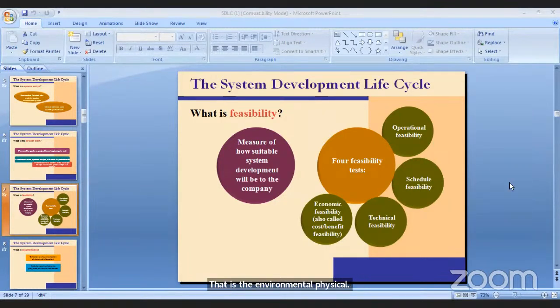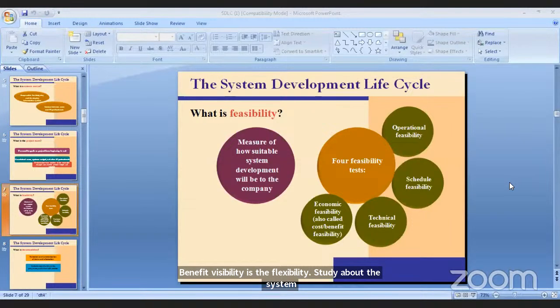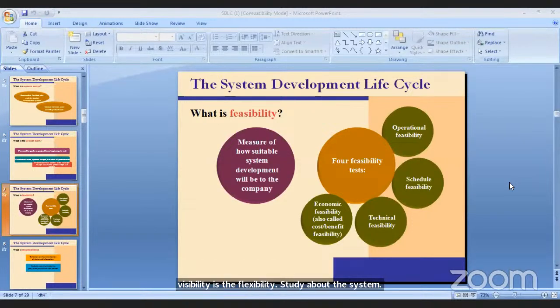The economic feasibility or financial feasibility, also called cost benefit feasibility, is the study of whether the system is financially feasible or not, whether developing the new system will generate certain profit or revenue for the organization. Suppose I ask TCS to develop a 3D game and I give them 100 rupees.